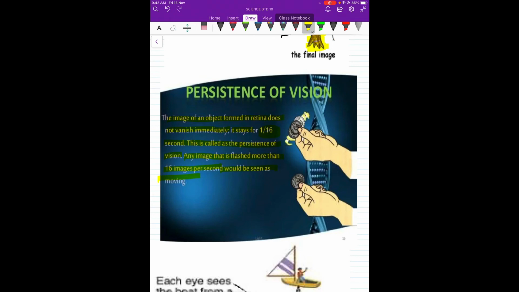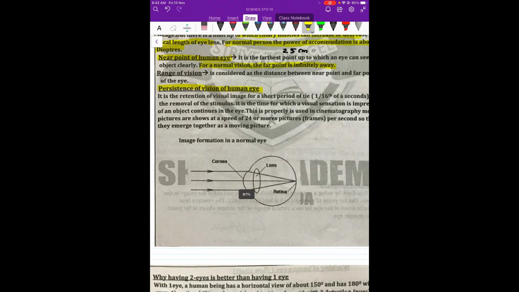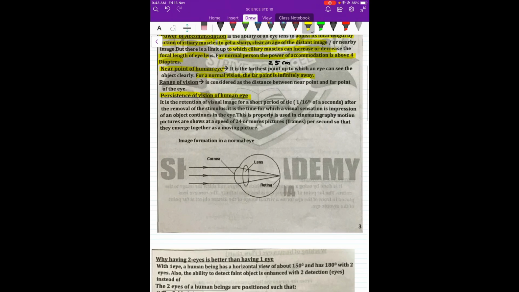Generally when we see motion pictures or TV serials, the images are fed to our eyes at a speed of 24 or more frames per second, meaning 24 or more still pictures a second. But when they are moving so fast, we feel as if the images are actually moving.